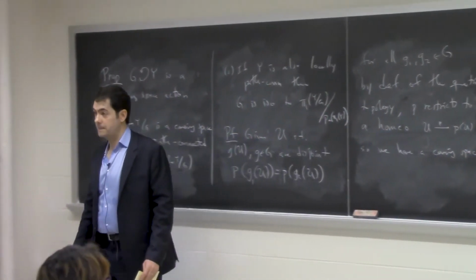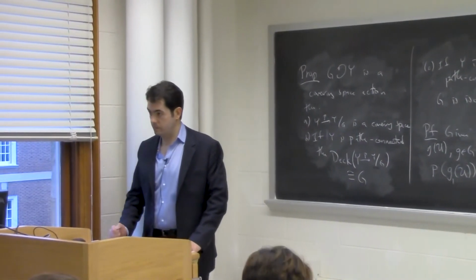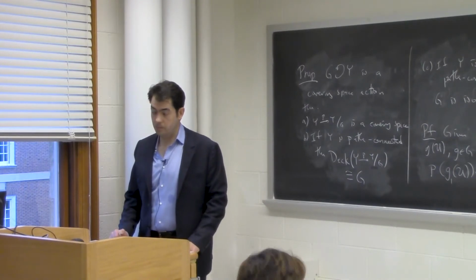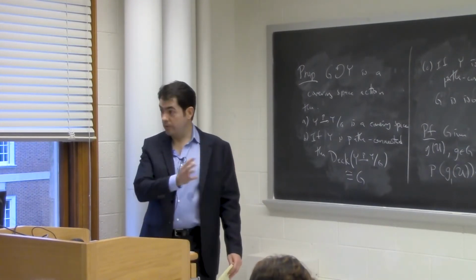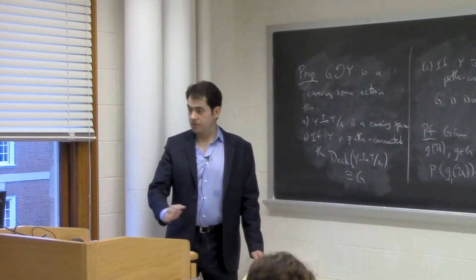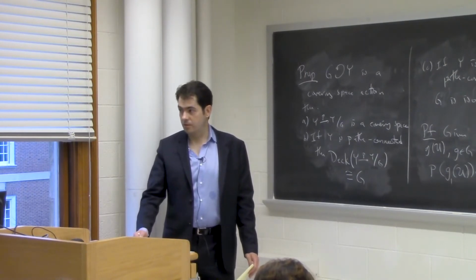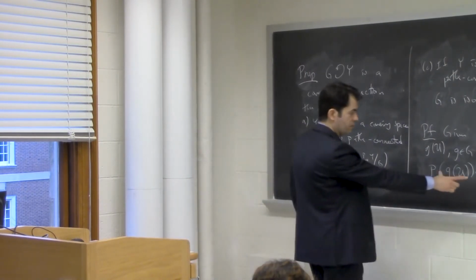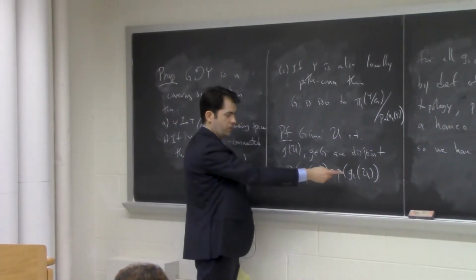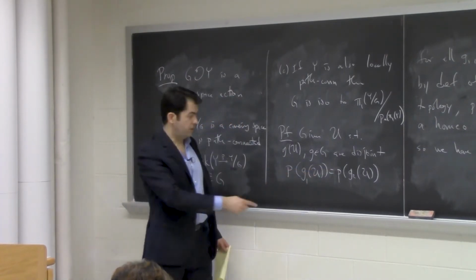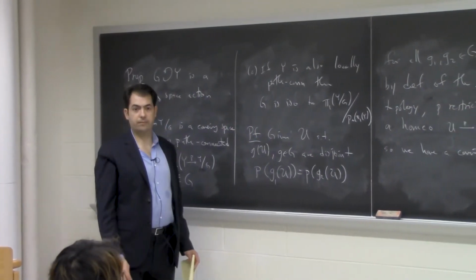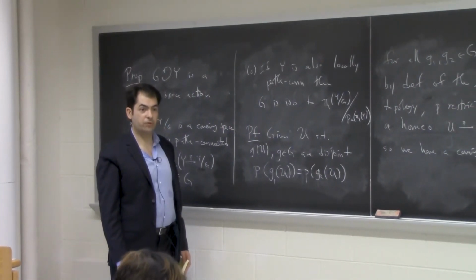For your first statement, why did we need the G of U to be disjoint for that to hold? Well, I want to get a covering space, so I want things to be evenly covered. Right, so you're not saying that if they're disjoint, then P of G1 of U is P of G2 of U. That's correct. This is always going to be true because P doesn't care about what you do with G. But because these are disjoint, I now have an evenly covered neighborhood downstairs.